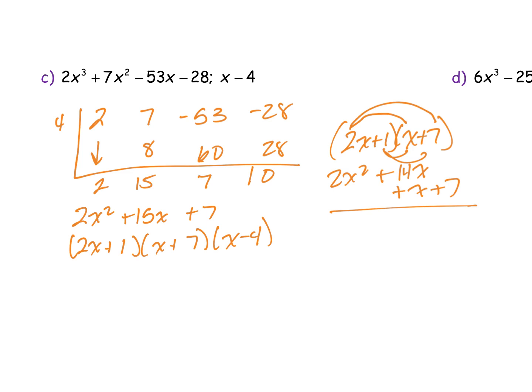So if you think about how multiplying binomials works, it's this one times this one. Does that help? Then x is going to equal -1/2, subtract 1, divide by 2, -7, and +4. Everything becomes its opposite, right? Yes.